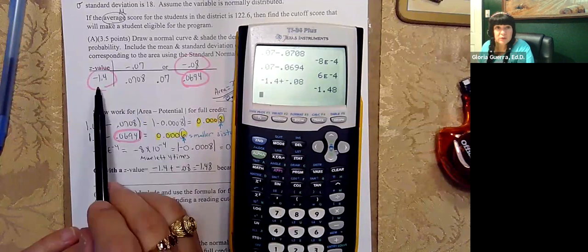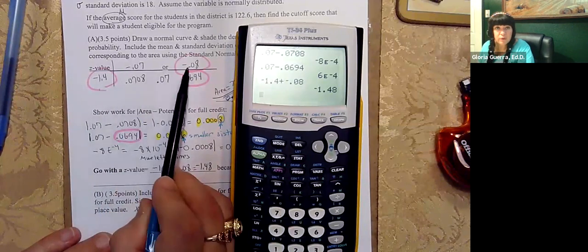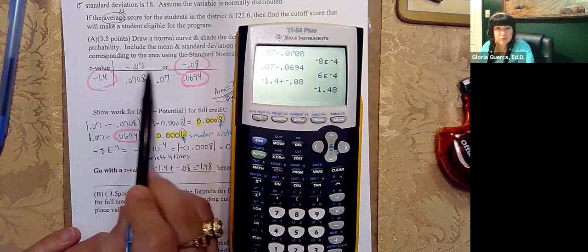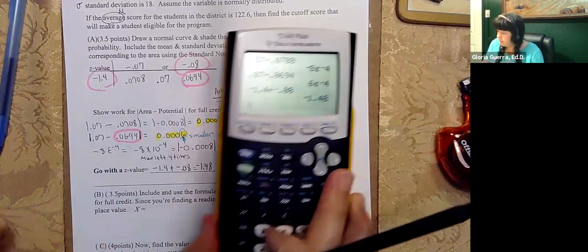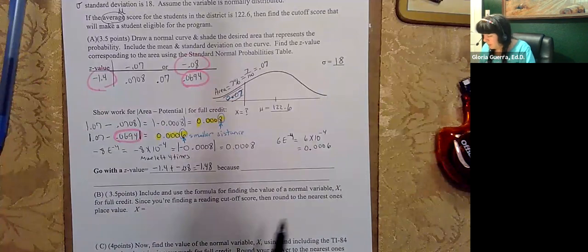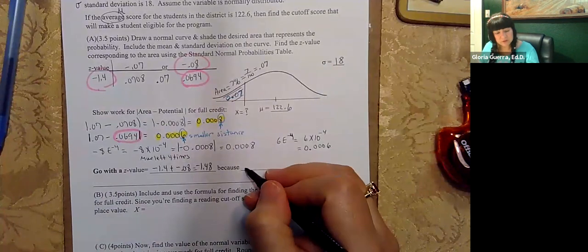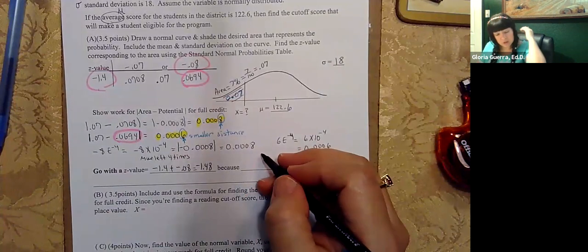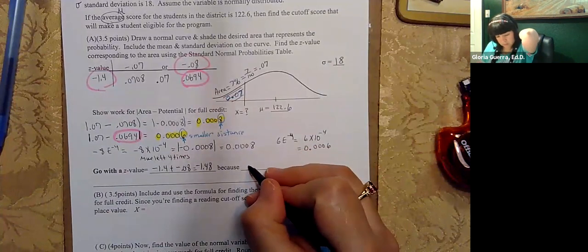So remember, if this is negative, these are negative. If this is positive, then these are positive. But this is negative, so this is negative. And it's because we want the z value associated with the smaller distance.